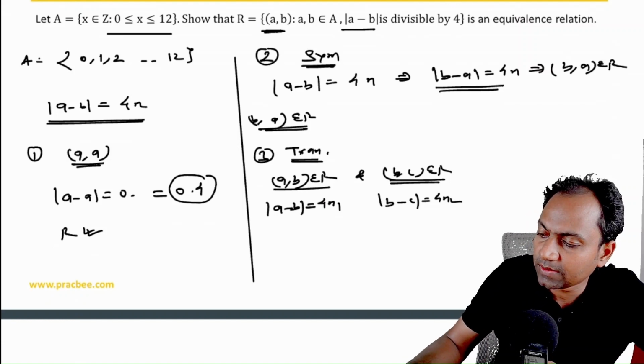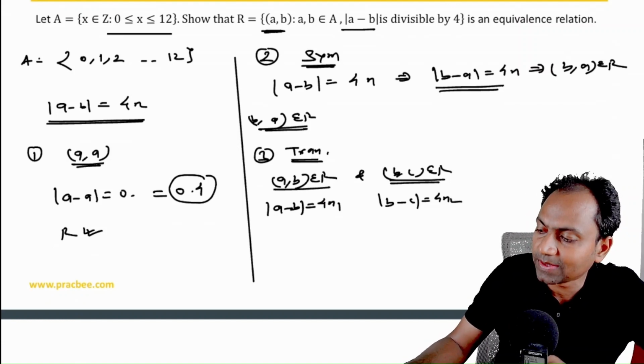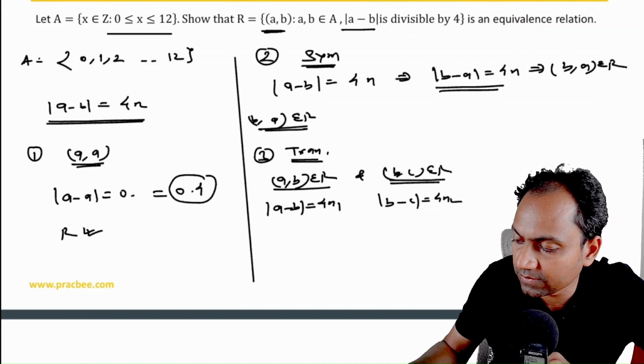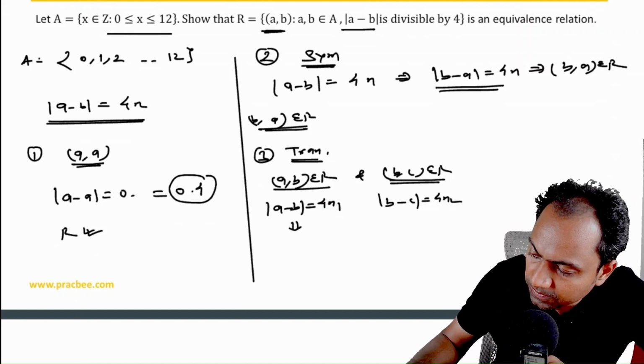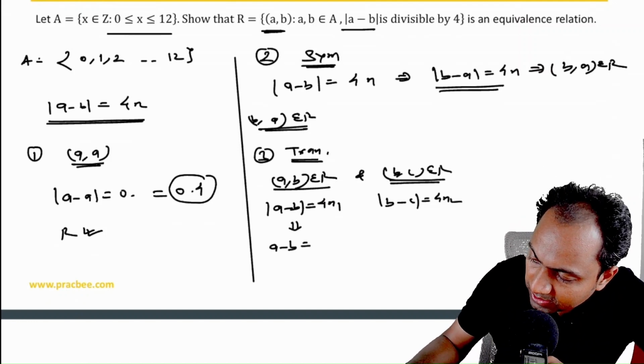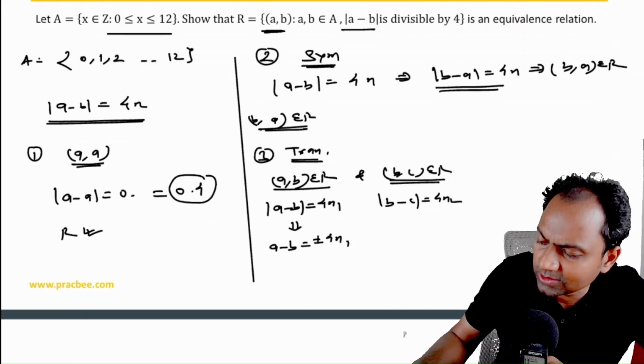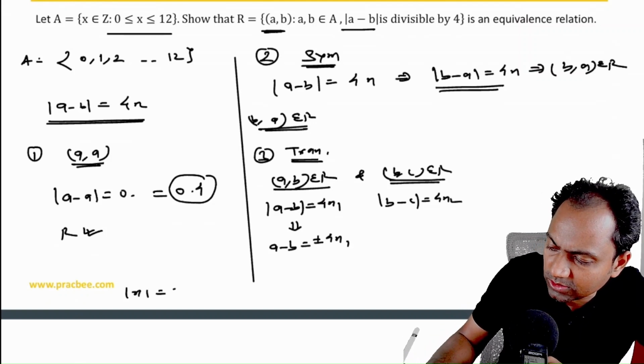Now if you remove this modulus sign, then a minus b can be written as plus minus 4n1, and this is fine because if we have |x| equal to 2, that would mean x is equal to plus minus 2.